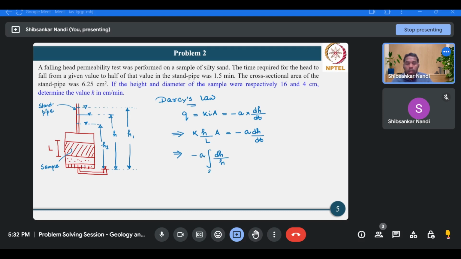equals K A by L dt. Now if we integrate h1 to h2, and t1 to t2, this would be a times ln h1 by h2, considering the minus sign, and this would be K A by L, t2 minus t1.